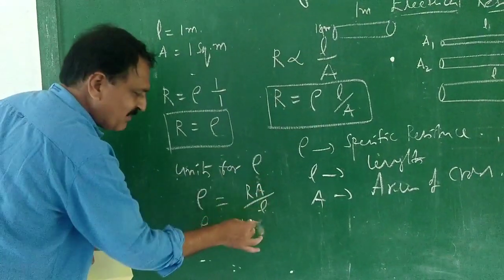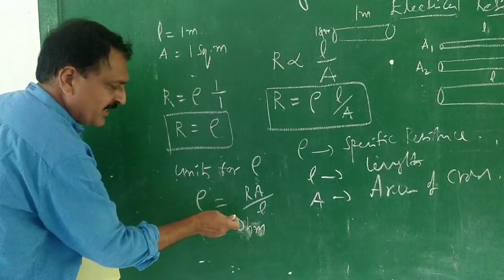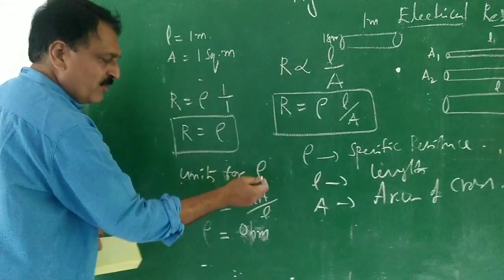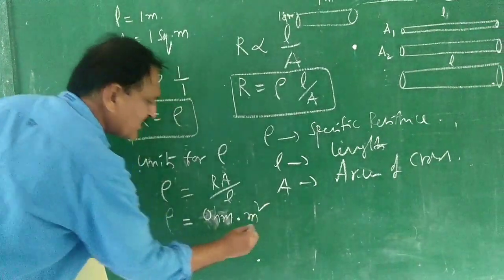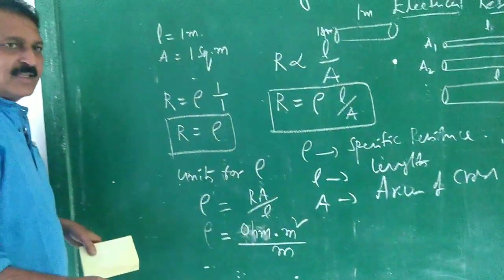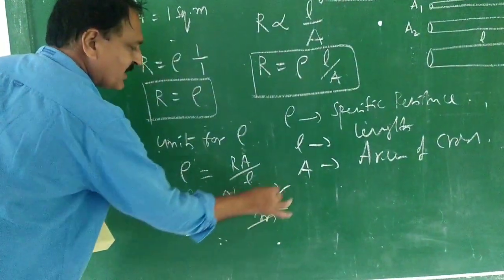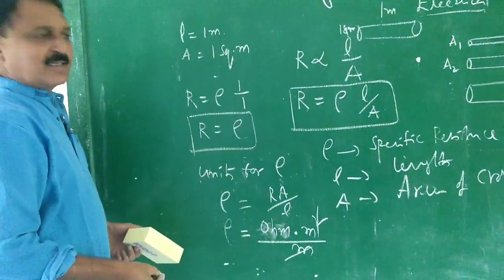Finally, resistance can be measured in ohm. I told you already, resistance is measured in ohm. Area is measured in square meters. Length is measured in meters. So if we cancel meter and meter square, you will be getting ohm meter.